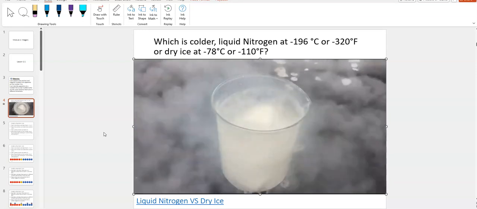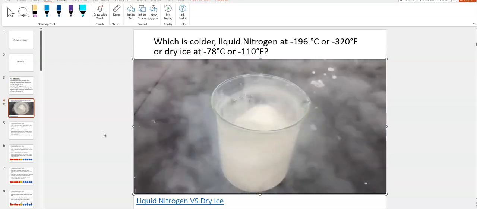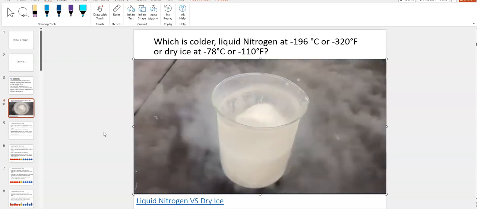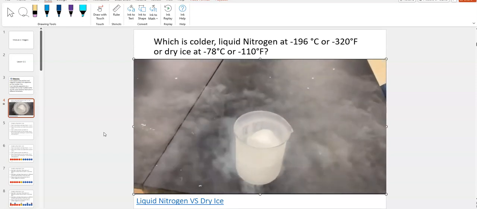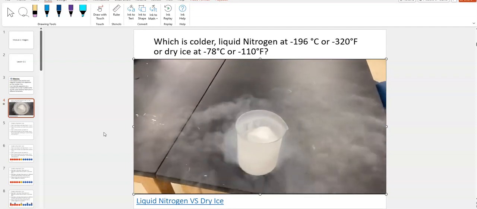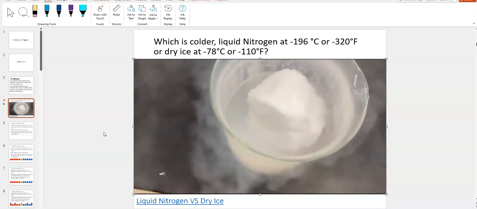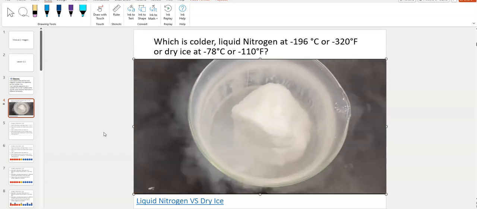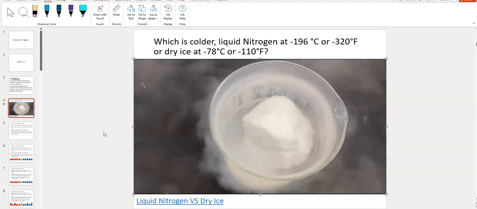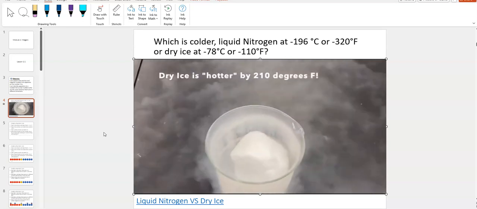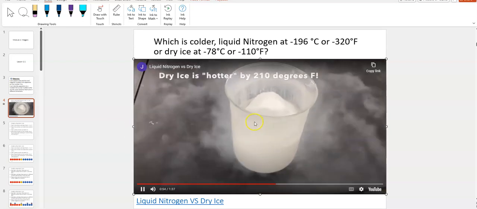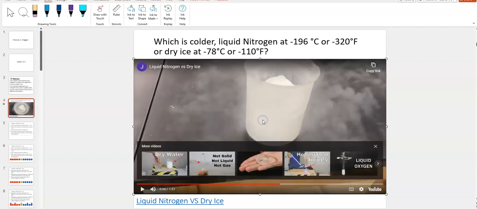So watch what happens when the dry ice is added to the liquid nitrogen. It's kind of boiling, it's steaming over, it's turning into a gas that's flowing. Why would it do that? Dry ice is hotter by 210 degrees Fahrenheit.